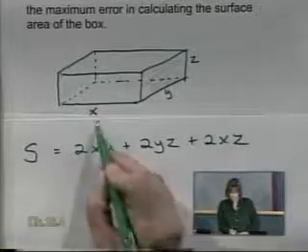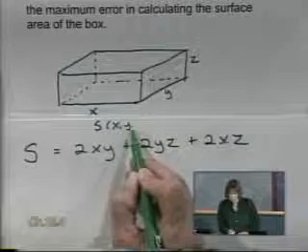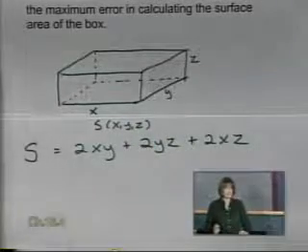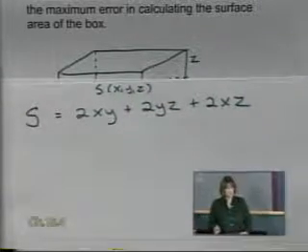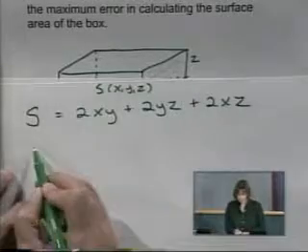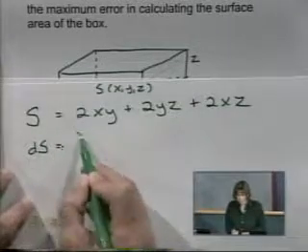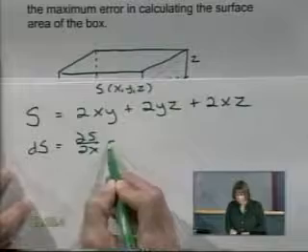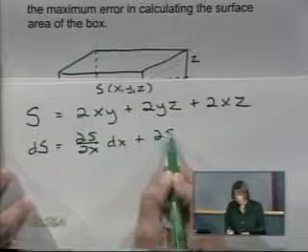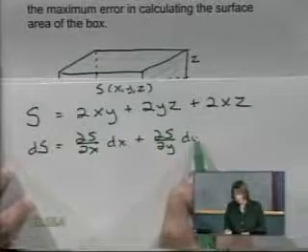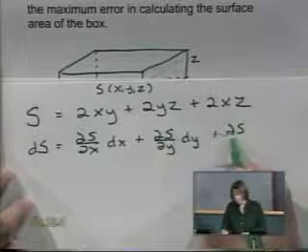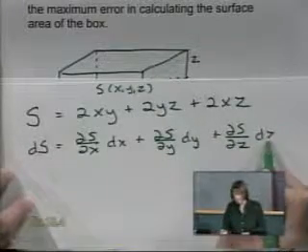Notice my surface area is a function of x, y, and z. Shall we compute the total differential of S? dS is the partial of S with respect to x times dx plus the partial of S with respect to y times dy plus the partial of S with respect to z times dz.